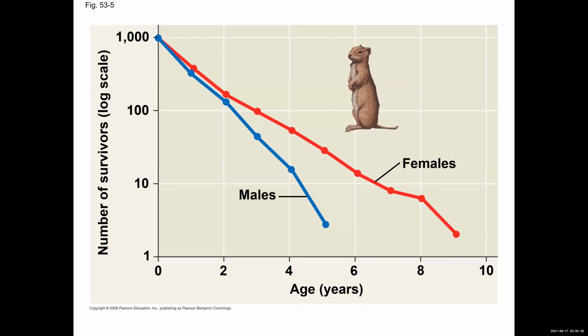All right, so when we look across all different organisms, we see that these kinds of patterns can be quite different, right? So here we have an example of organisms that don't live particularly long. And the males actually have a shorter lifespan than females.